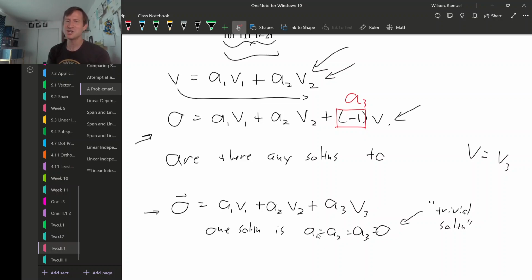Really, what we want to know is, is there any other solution besides the trivial one? So what we really want to ask here, we need to insert something into this question. Instead of asking, are there any solutions to this equation, what we really want to know is, are there any non-trivial solutions to this equation? In other words, solutions where at least one of the a's isn't 0.